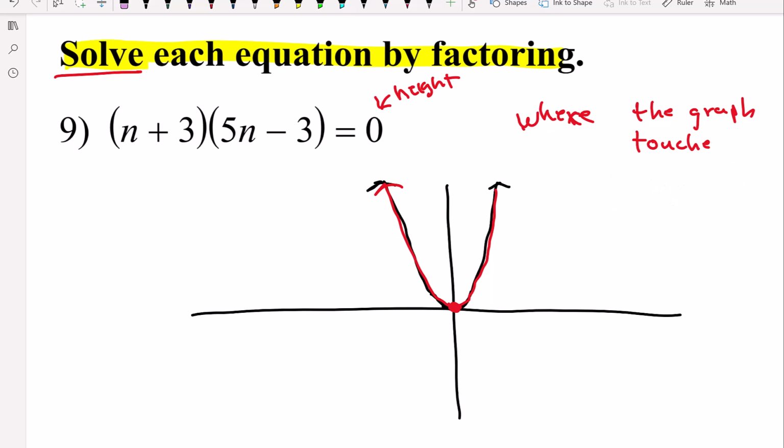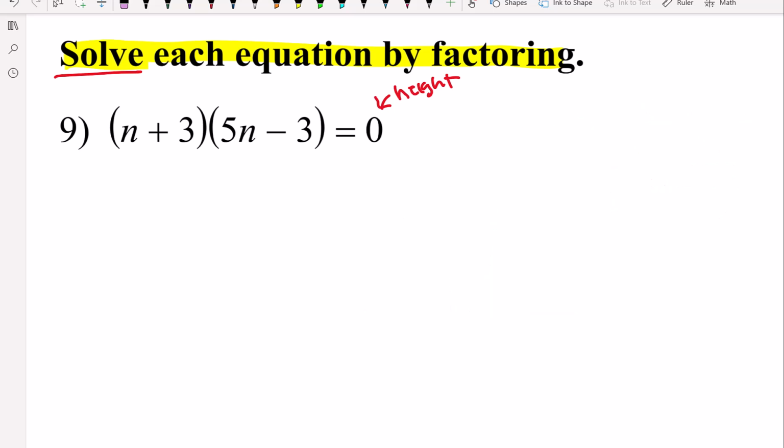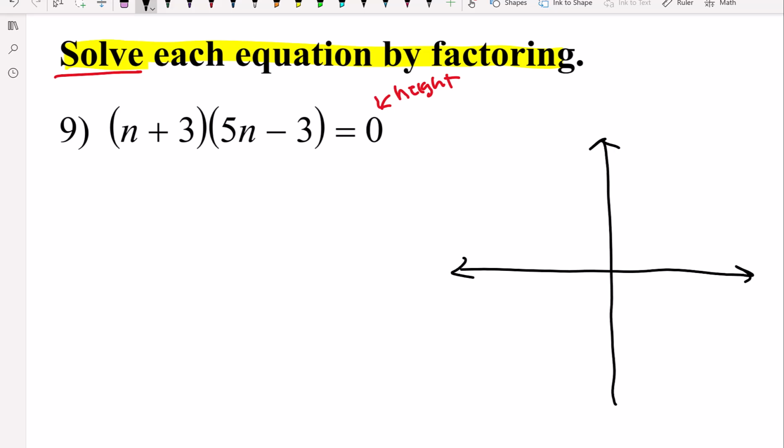When you don't have the parent graph, and you have it in already factored form, what you want to know is, all right, where on the x-axis is that parabola going to touch?